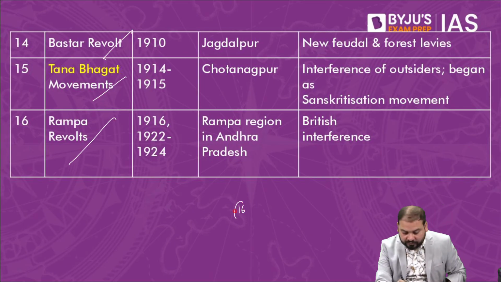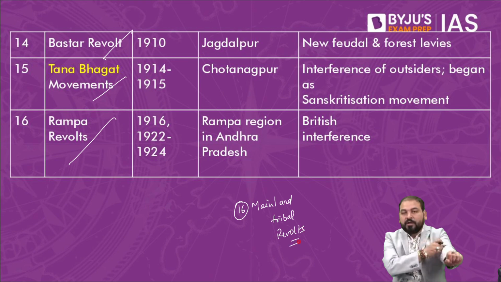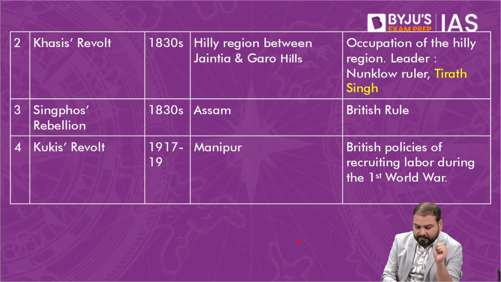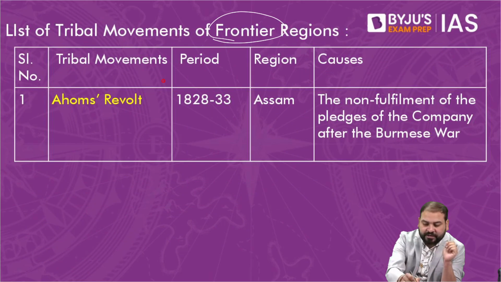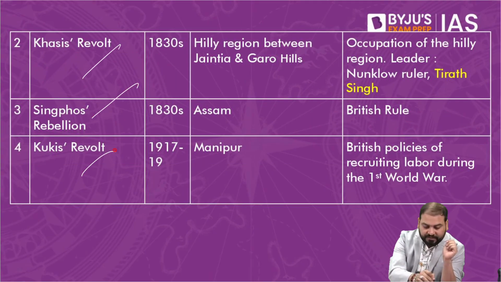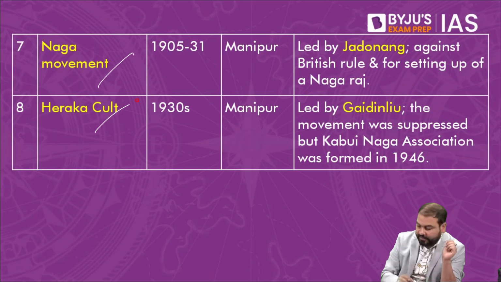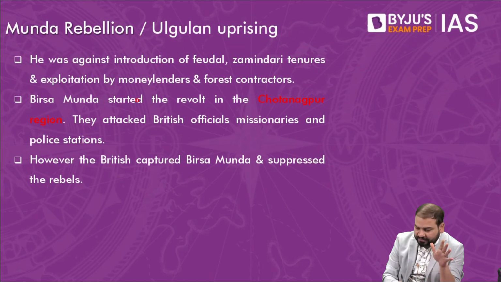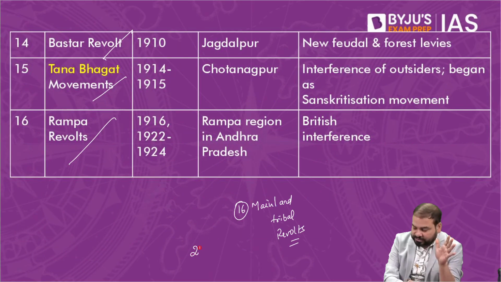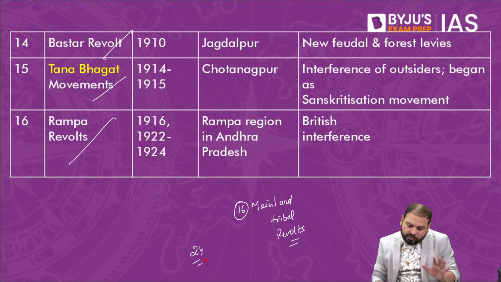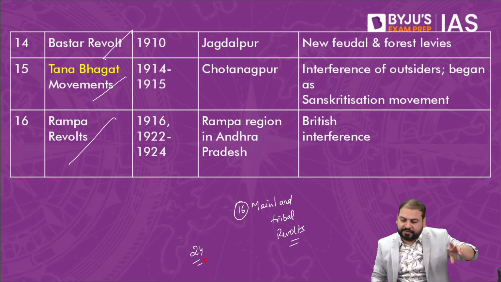I've only given you 16 mainland tribal revolts. Now, you tell me, can you remember these 16? And give me one second, and I'll show you 8 frontier revolts. Ahom, Khasi, Singpho, Kuki, Tripura, Zeliangrong, Naga, and Heraka. My question to you is very simple. There are altogether 24 revolts. Should we do something to make it easy? Or will you be able to remember everyone's date, place, reason?